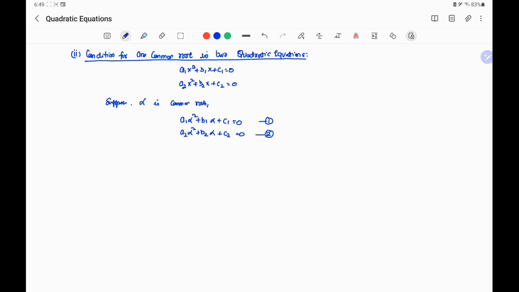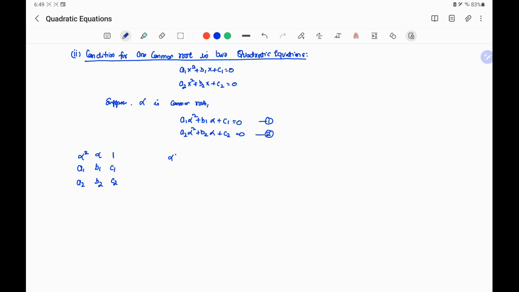Now from equations 1 and 2, we arrange the terms to use Cramer's rule to find the condition. The terms are alpha square, alpha and 1, and coefficients are a1, b1, c1. For the second equation, coefficients are a2, b2, c2.